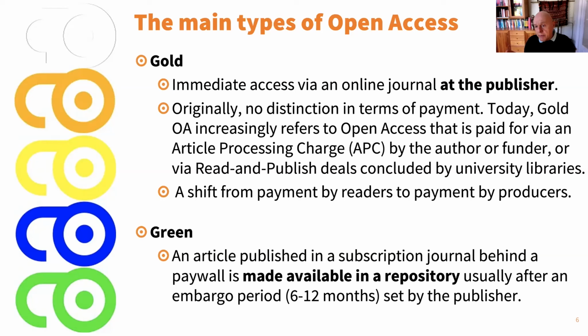So an embargo period, just to be clear, is a period during which the article is not present in the repository, cannot be read by people who do not have a subscription. And so there is still need to pay to have access to that article. And after the 6 to 12 months, a copy of that paper becomes available in a repository and therefore becomes open access after this embargo period.